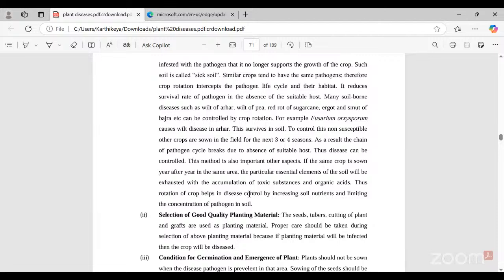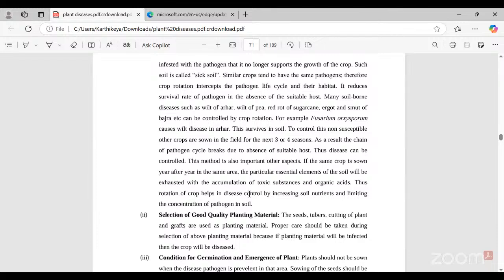For example, Fusarium oxysporum causes wilt disease in arhar. It survives in the soil. To control this, non-susceptible crops are sown in the field for the next 3 to 4 seasons. As a result, the pathogen cycle breaks down due to the absence of a suitable host. Thus, disease can be controlled.